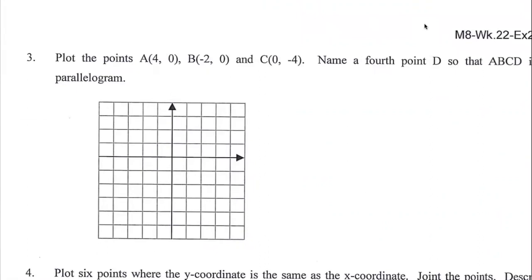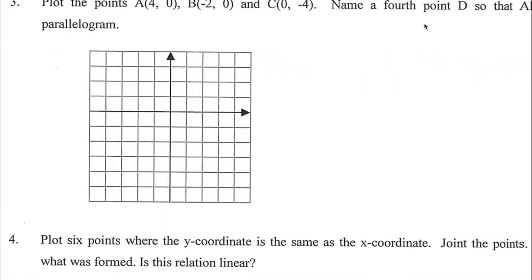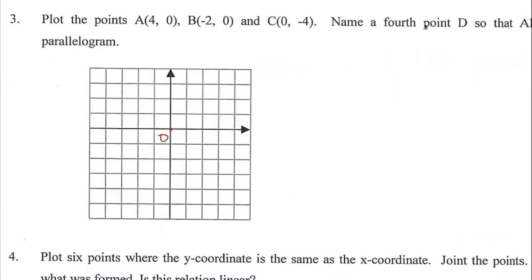So again, let's plot the points. Again, this is origin, right? 0, 1, 2, 3, 4. This is A, right? B, -2, 0.